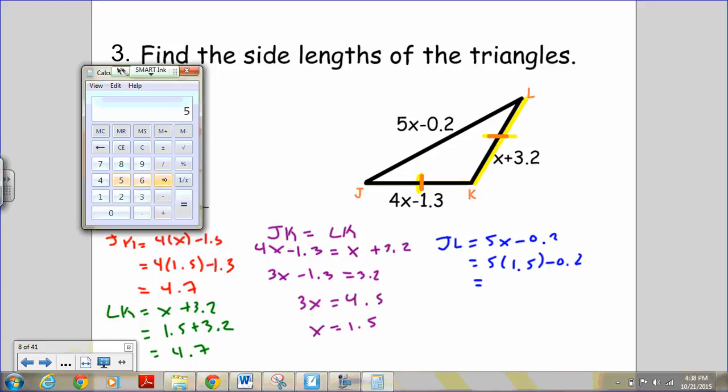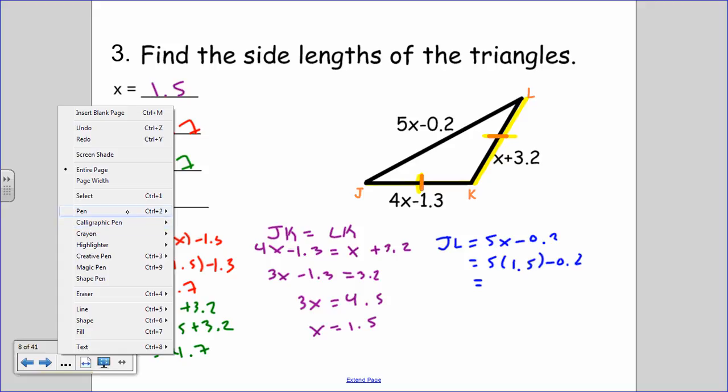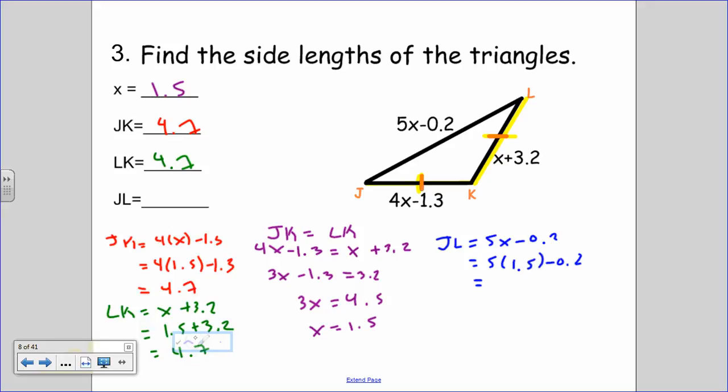So 5 times 1.5 is 7.5. And now I'm going to subtract 0.2. And that would be 7.3. So now I have x and all my side lengths, as I was instructed to do.